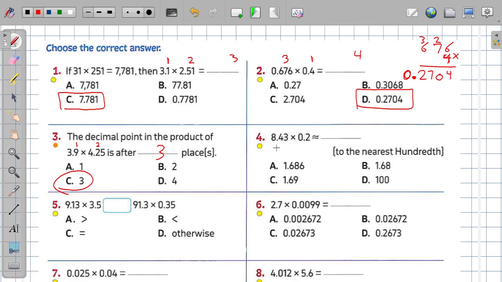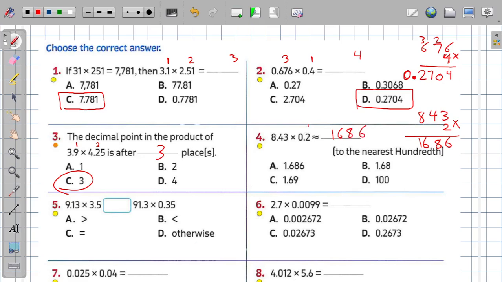Here, I want to round the answer, or the product of this operation. I have 8.43 by 0.02. So let's try first to multiply without the decimal point. So I have 843 by 2. 2 by 3 equals 6, 2 by 4 equals 8, 2 by 8 equals 16. So I have 1, 6, 8, 6.